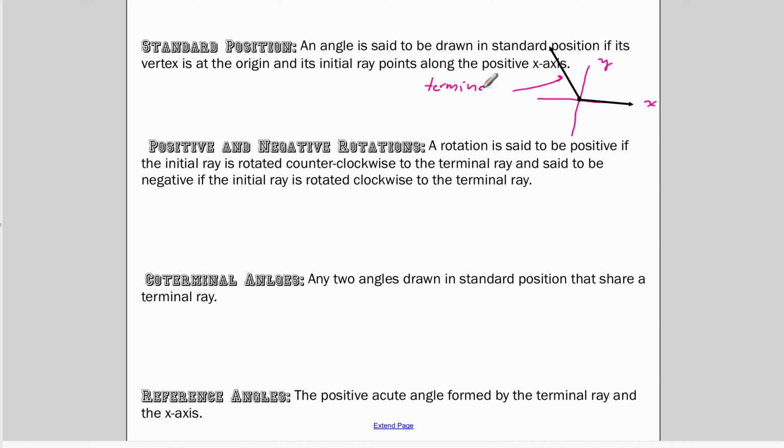Terminate means to end. So this terminal ray is going to end somewhere. And then this is the initial ray. This is where I started. And then I measure the distance between them. I can measure it in a positive direction, which is what I just did right there. Or I can measure it in a negative direction, which means I can measure this way.